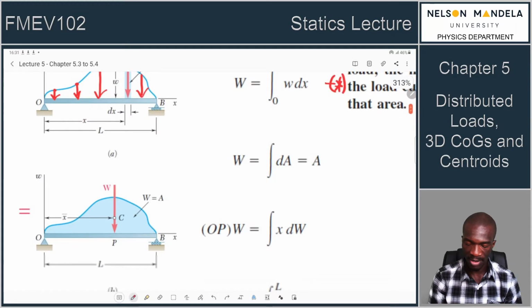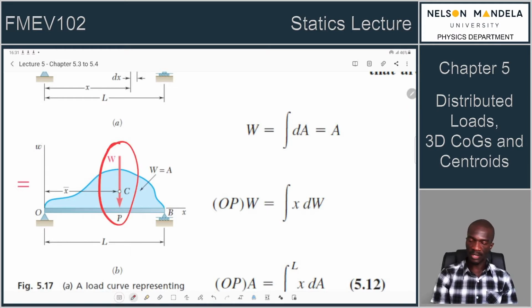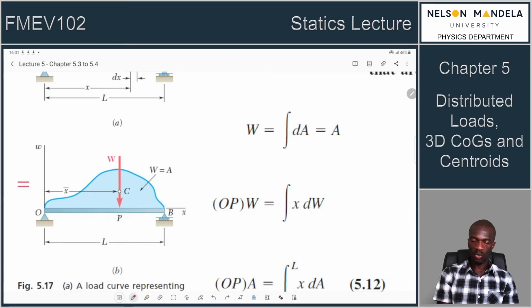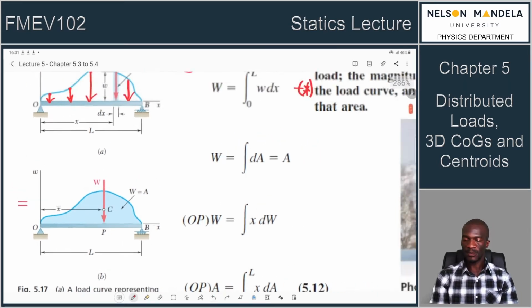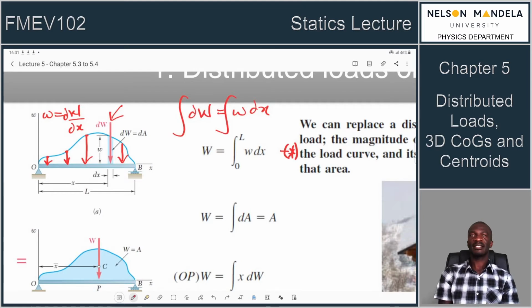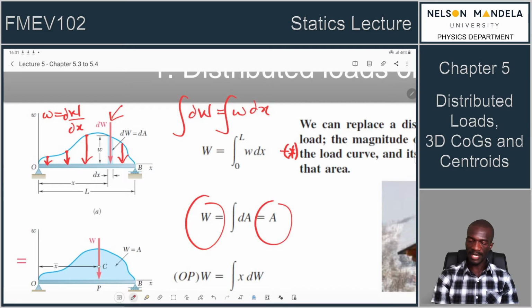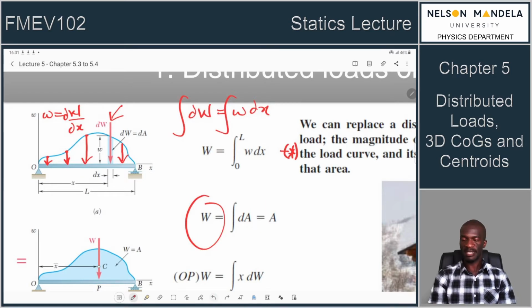What we see in part B of that diagram is the load curve representing the concentrated load, and that concentrated load is acting at a particular point P. If you still remember from our previous calculations, the center of gravity centroid analog can easily replace our weight with an area.